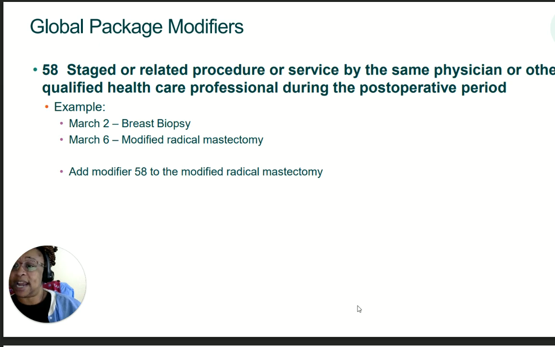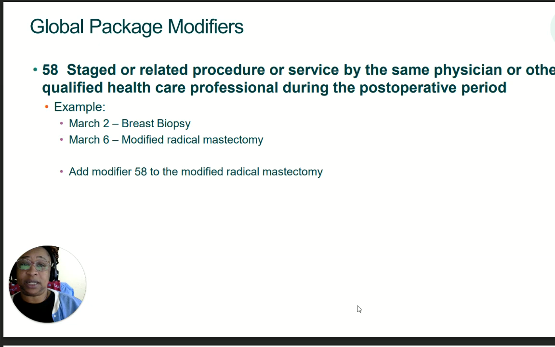58 modifier, staged or related procedure or service by the same physician or other qualified professional during the postoperative period. Here's an example. March 22nd, had a breast biopsy. March 6th, modified radical mastectomy. We're going to add the 58 modifier to the radical mastectomy. Why? There was a biopsy that was done within the global period.